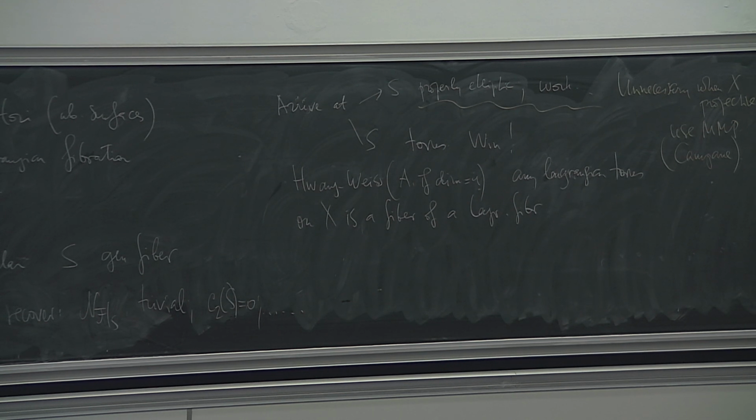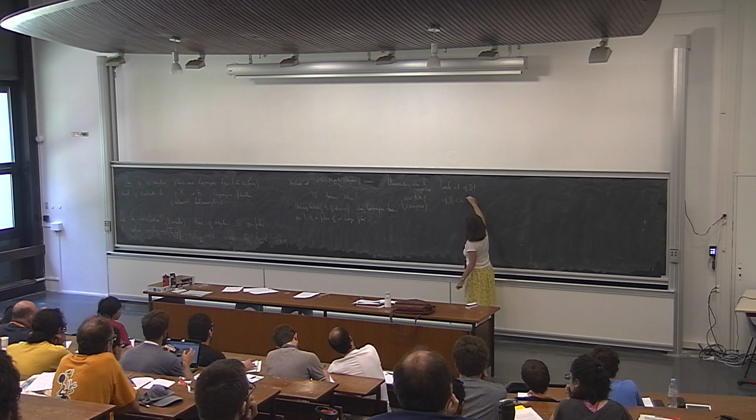So you look at Q of D. Well, maybe I'll continue in yellow. Look at Q of D. So well, it can be negative. Then it's known that D is uniruled by Sébastien Boucksom, je pense.